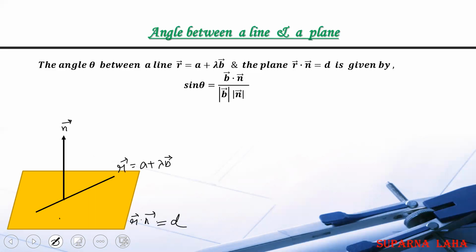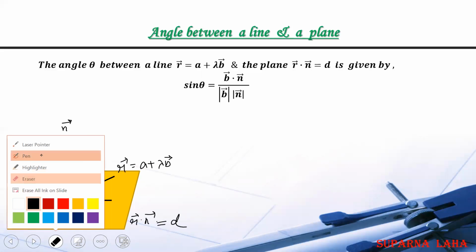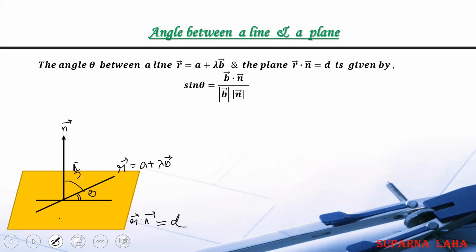Now this is perpendicular and this angle is theta. You need to find the value of theta. If this is theta, this is pi by 2 minus theta, or 90 degrees minus theta. So write it down, pi by 2 minus theta.